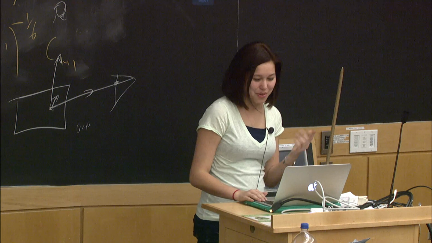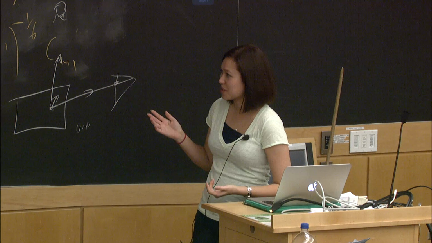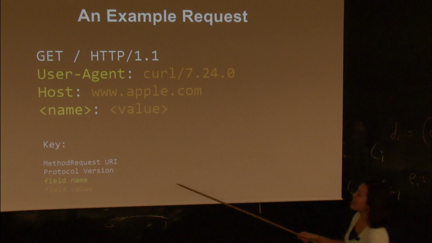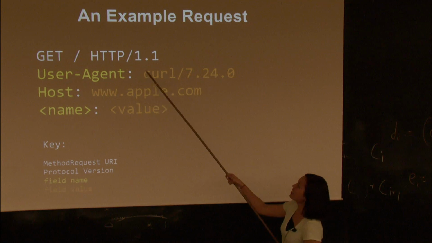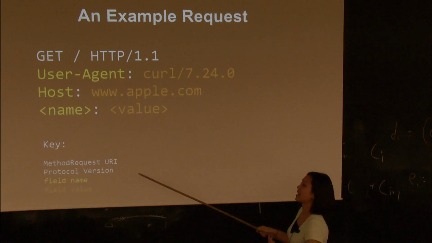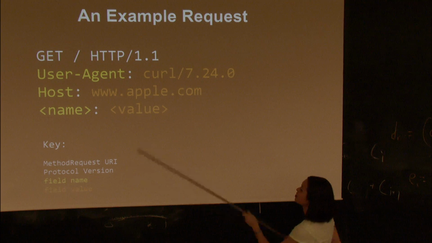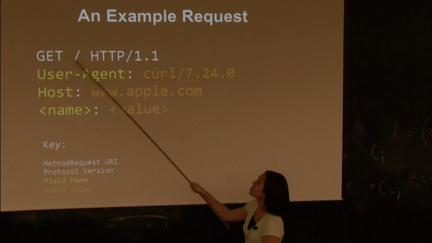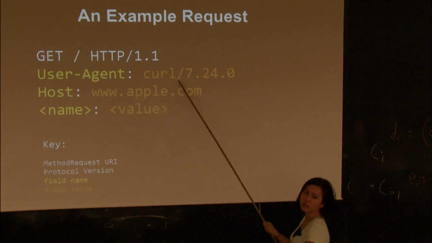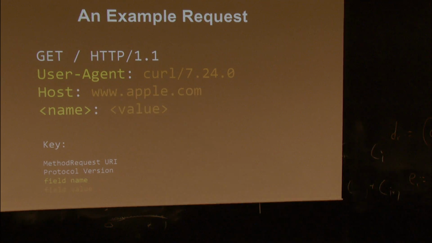But with that, we will look at an example request here. There's a little key at the bottom that tells you what the different colors are supposed to mean. White is just your method, request, and protocol version. Then there's a field name and the value of that field, which we will go into very shortly.